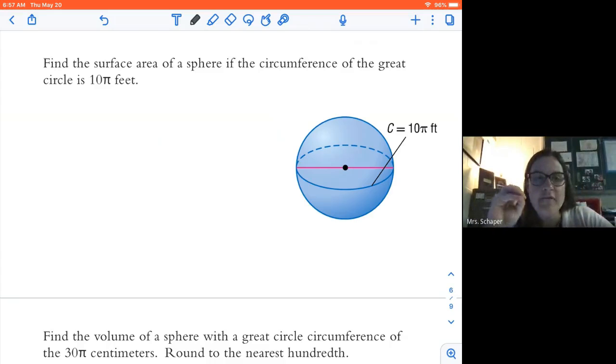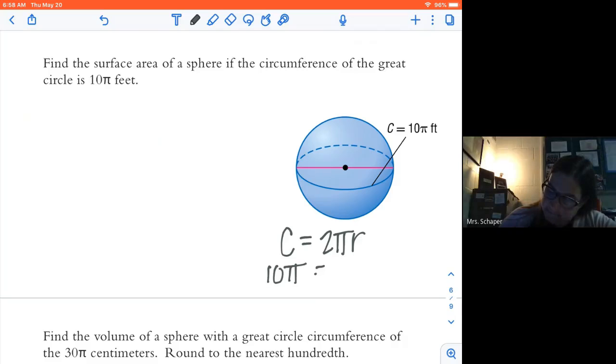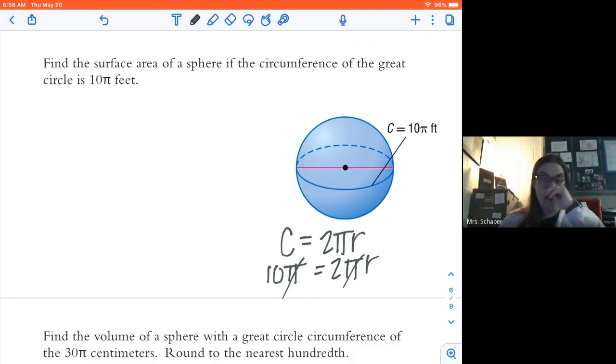Here we go. We're going to find the surface area of a sphere that has a great circle circumference of 10 pi. We need to know the radius to figure it out. The circumference is equal to 2 pi r, and the circumference is 10 pi, so we can divide pi from both sides. 10 is equal to 2r, so my radius is 5.